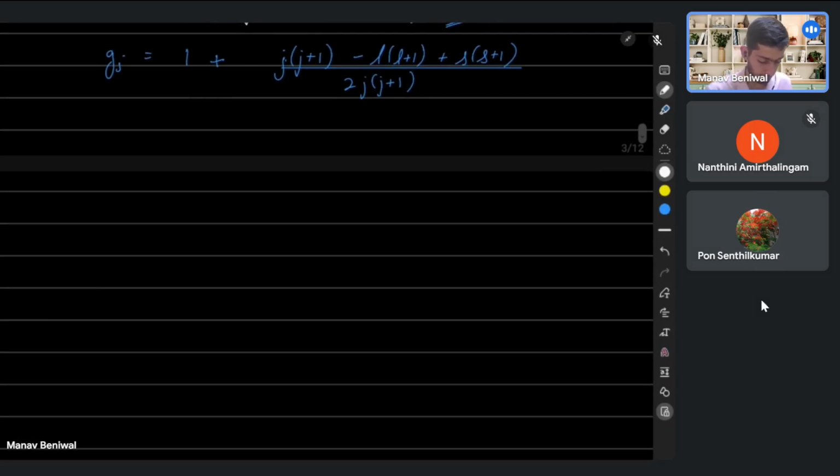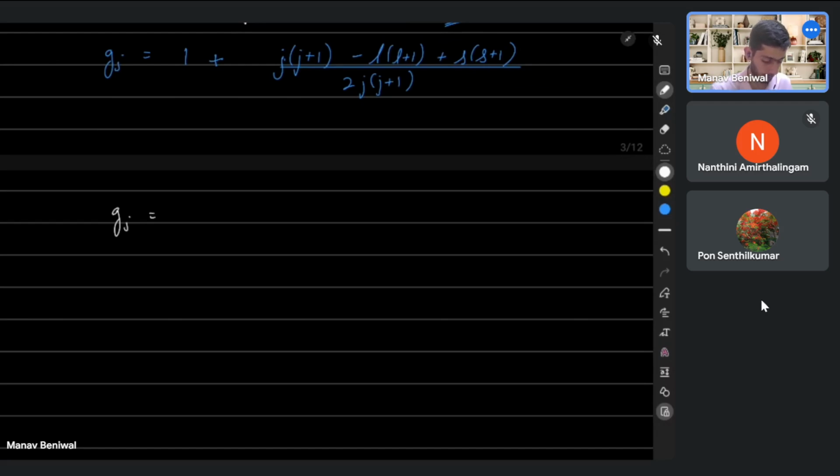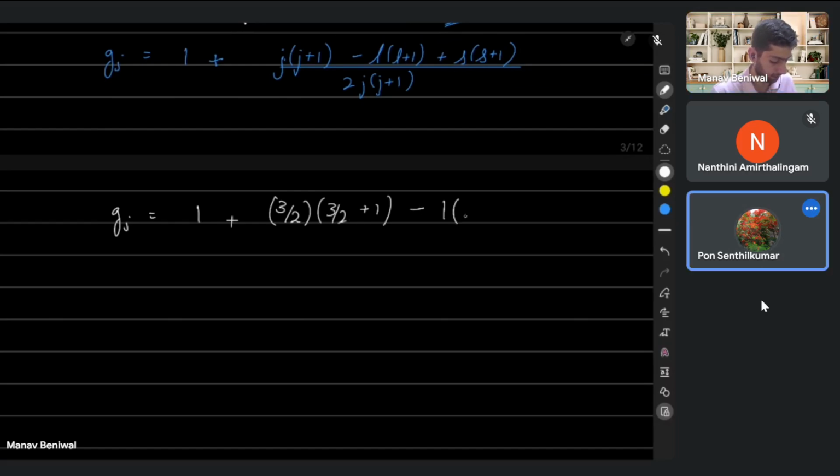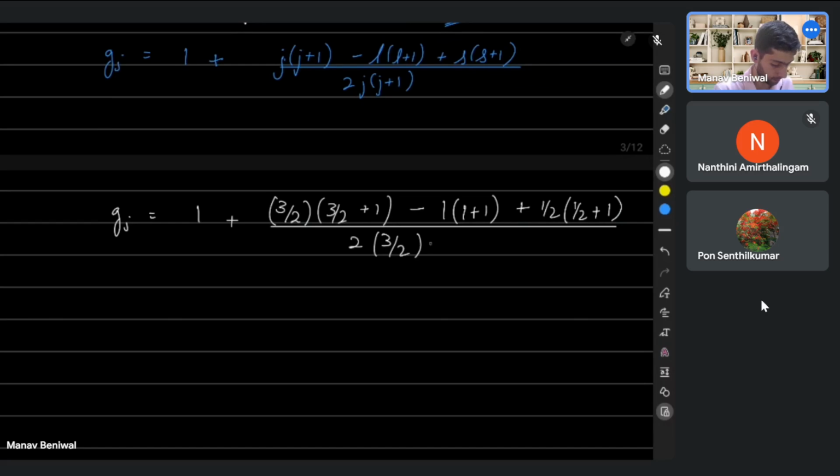So our g will become 1 plus 3 by 2 multiplied by 3 by 2 plus 1, L is 1 and S is half, divided by 2 into 3 by 2 and 3 by 2 plus 1.